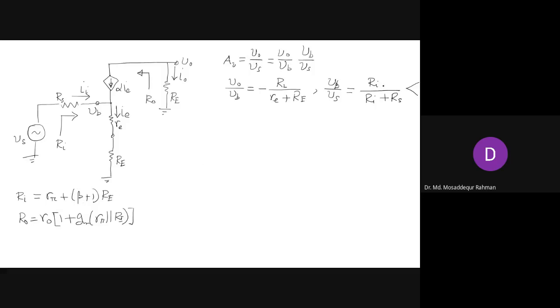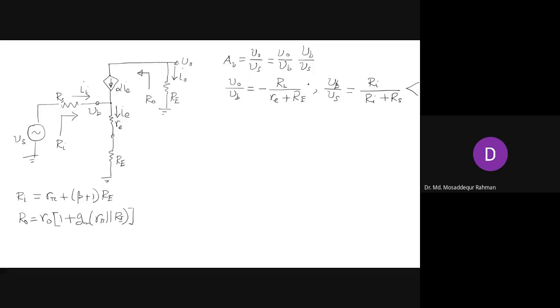So as a result, this expression will be less than 1, but it will be much closer to 1, right? So loss will be minimized at the input side. By adding the emitter resistance, it will increase the input resistance and minimize the loss. And this part will be much closer to 1 compared to common emitter without the emitter resistance. But again, the gain from base to collector will be reduced.